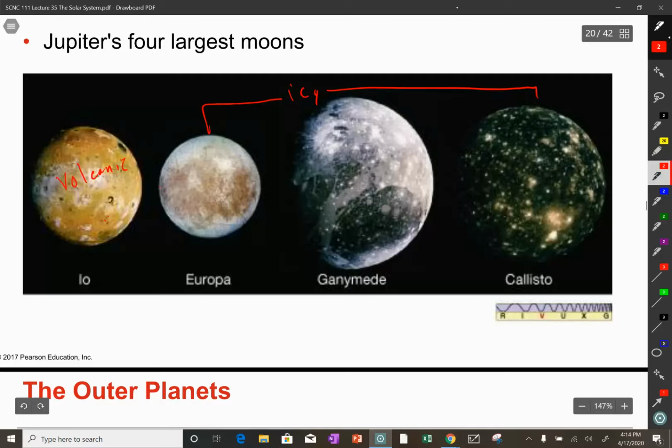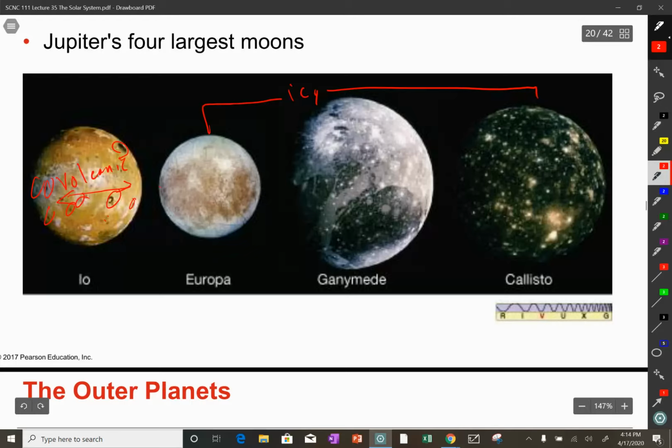The tidal forces cause high tides because of the moon going around Earth. Well, the moons of Jupiter cause tidal forces that are enough to stretch and work Io. So the moon itself is being stretched and deformed, and that stretching and deforming then causes it to melt and causes all of the volcanoes. So you can see all kinds of volcanic things on the surface there.